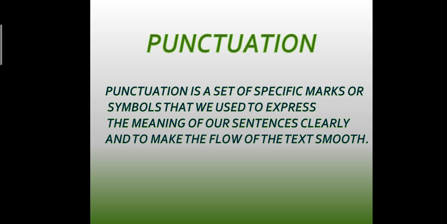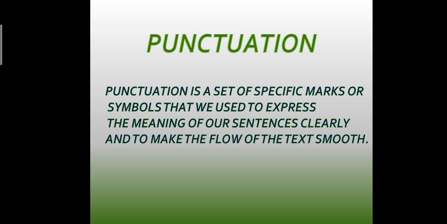Do you know? Yes, punctuation is a set of specific marks or symbols, and we use it to express the meaning of a sentence clearly. Along with that, it makes the flow of the text smooth. So, this is the importance of punctuation.